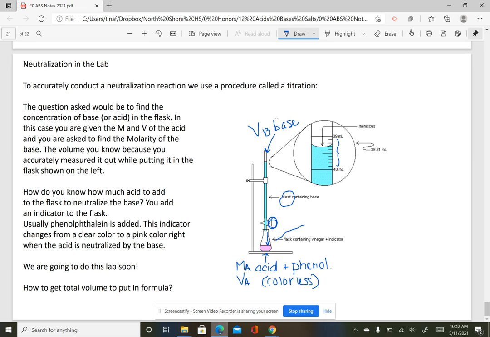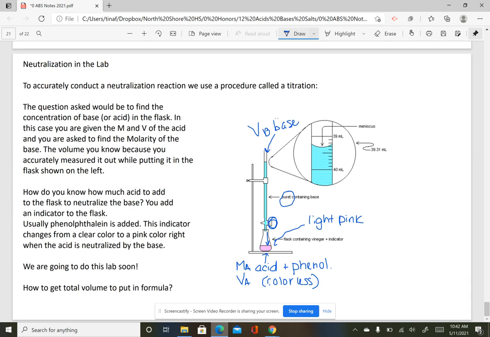So when this solution here turns light pink, we're going to know that we're just about neutral. So if I have MA and VA and I have VB, the only thing that I need to solve for is MB, the molarity of the base, and that's what we're going to be able to find when we do this lab tomorrow.